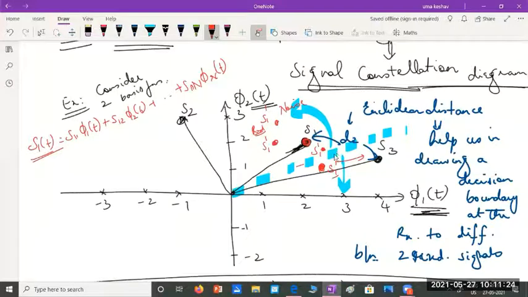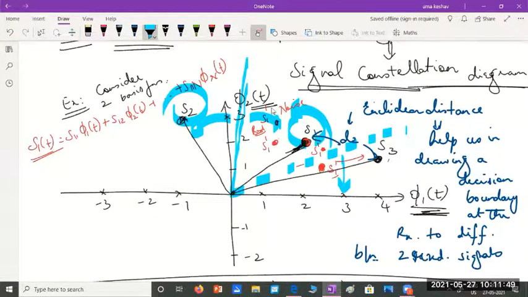All values of the received signal which lie below that boundary are bound to be one particular signal, say S3, above that another signal S1, and I'll have one more boundary here. I can have one more decision boundary between S2 and S1, and anything to the left of this is treated as S2, anything to the right of this is treated as S1. So this is how we analyze the receivers and we'll be able to decode the signals.